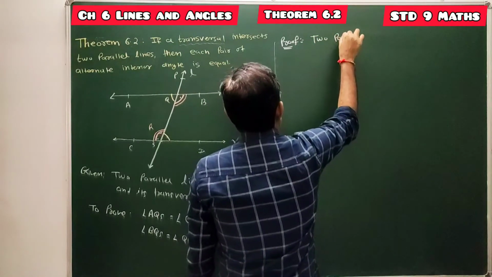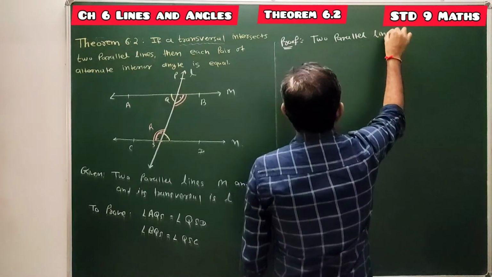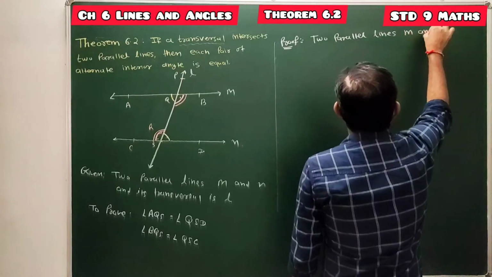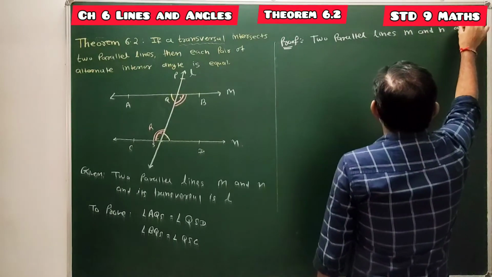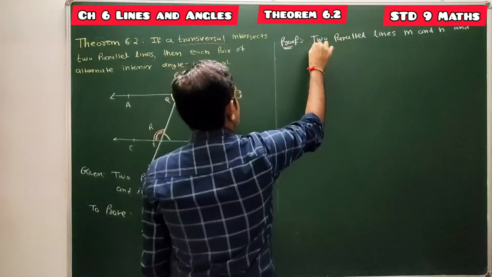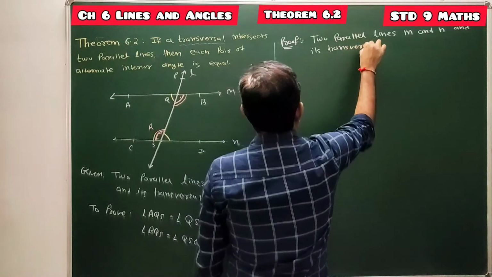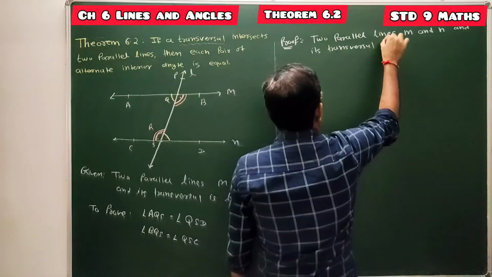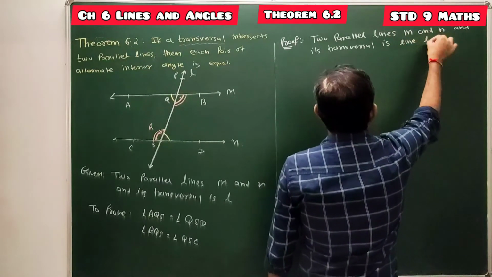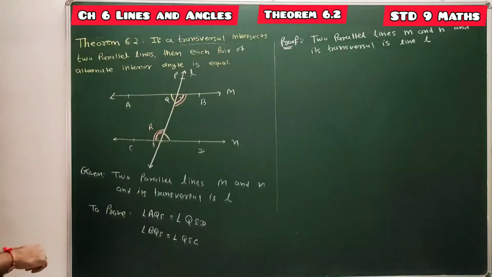Two parallel lines M and N, and its transversal is line L. Done. This is given.